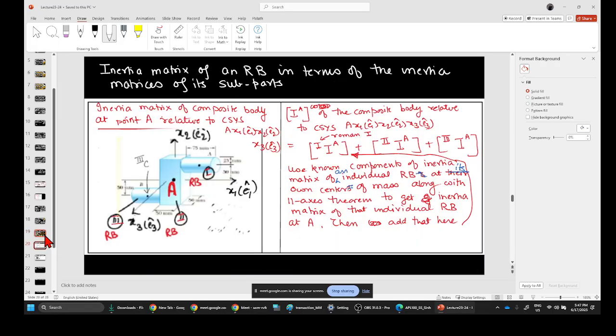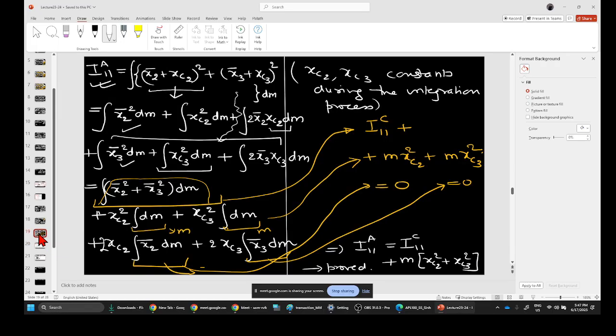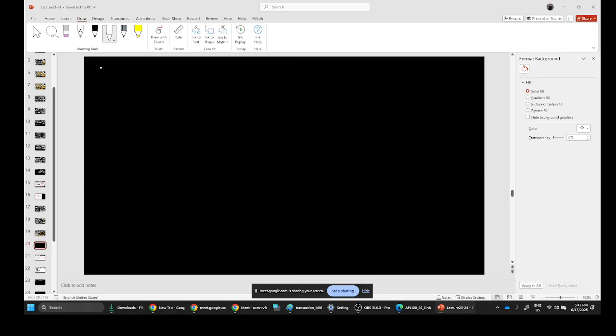Since I have already shown the proof of 1-1, I really don't have to repeat the process for 2-2 and 3-3. Very similar steps. I'm just leaving it here, saying that this could as well be proved following the same approach.